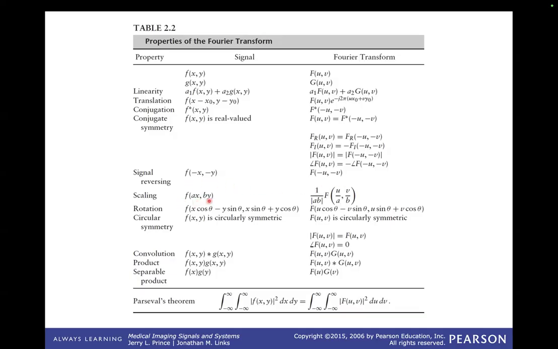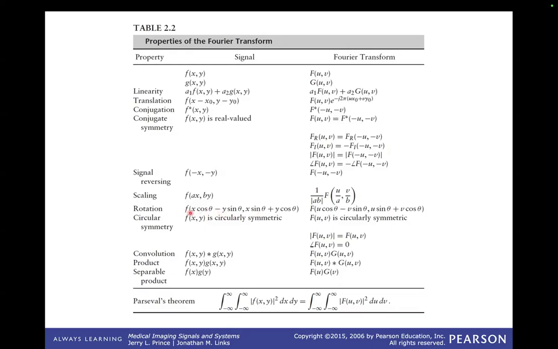Scaling: if I scale the axes of my image, if I shrink down the x-axis or something, with this coefficient a, then in the Fourier transform I'm going to expand in that Fourier dimension with 1 over a, and I need to also normalize the Fourier transform to take care of the power. Rotation is cool.